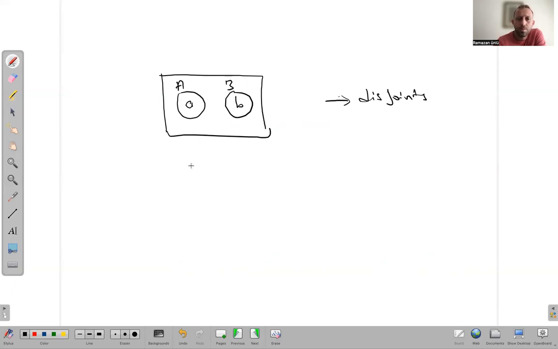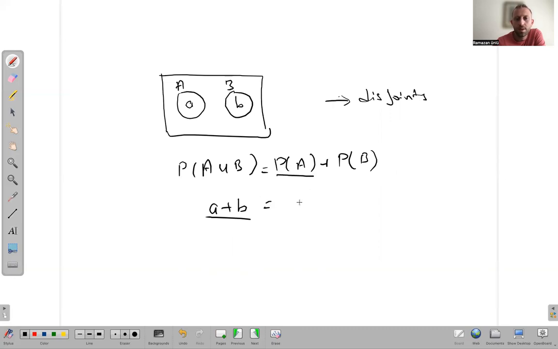So what the additivity axiom says is P(A union B) is equal to P(A) plus P(B), right? So the probability of A union B is equal to a plus b, where P(A) is a and P(B) is b. So that should be equal, right?